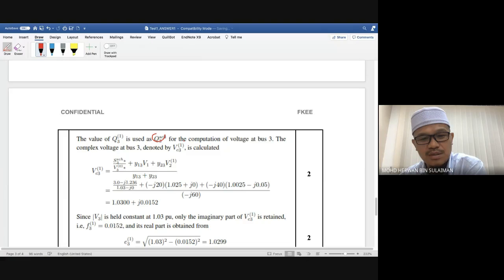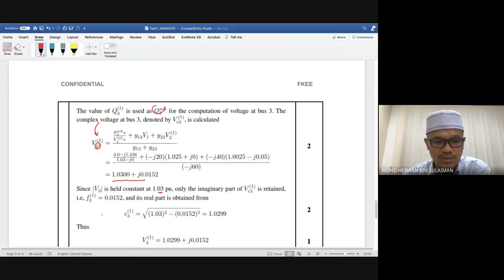So ni just a computation. So to calculate your V3 dipanggil VC3. Kalau ingat balik kita bagi tahu ni bukan V3. Dia just macam untuk conditional lah. Okay, you calculate using the equation, you get 1.03. And then since V3 is held to constant at 1.03 per unit, only the imaginary part is retained. So you maintain your yang ini.